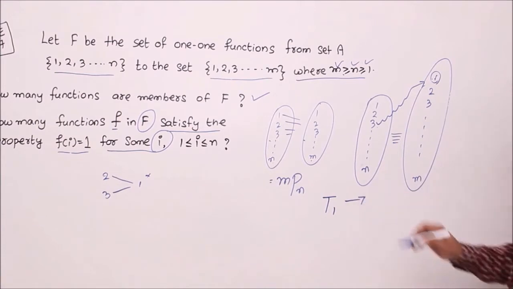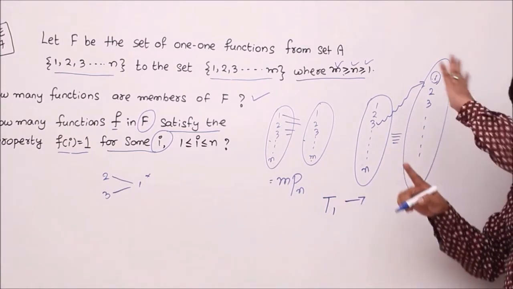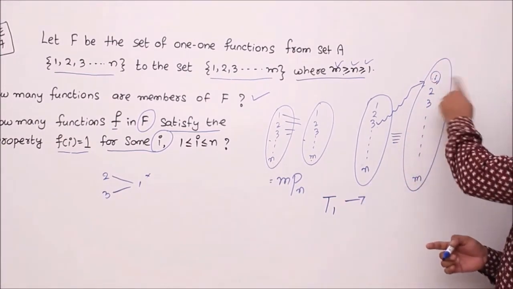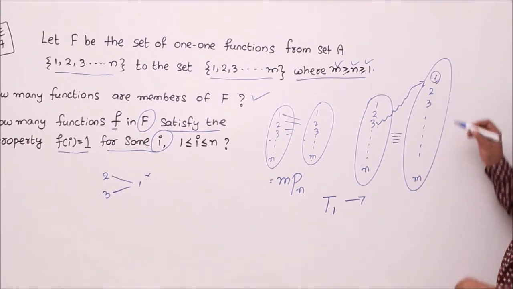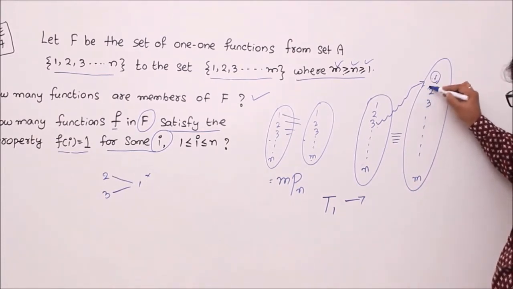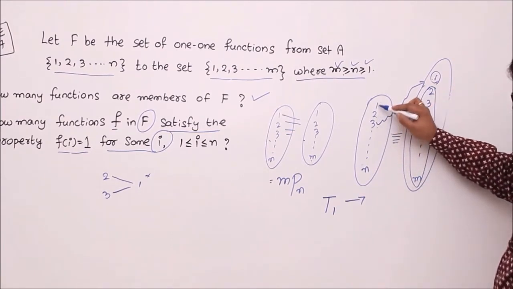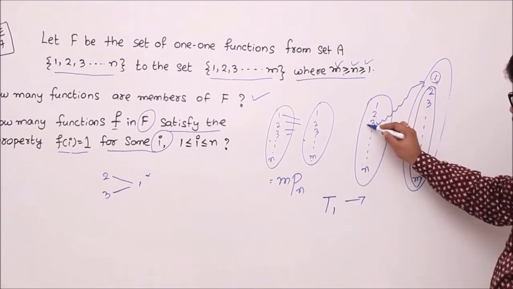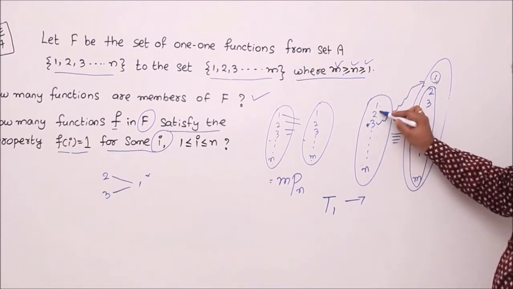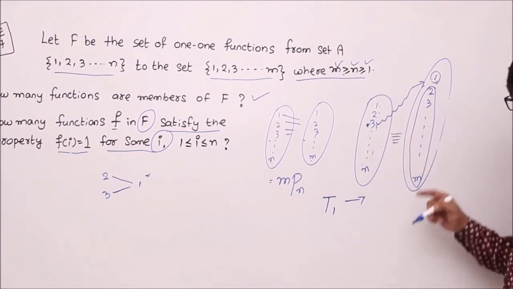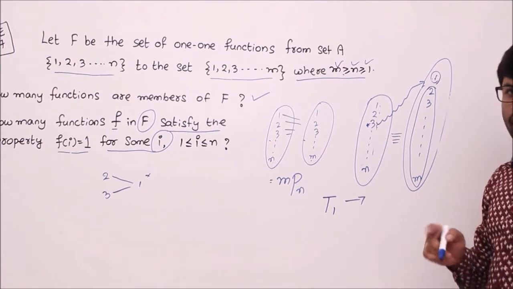The second task is, the function is still not completely formed, isn't it? We just mapped to 1. Then the remaining thing is, we have to map all these elements to all these elements. One element will be gone, and the remaining elements are to be mapped to the remaining elements, but we have to form one-to-one functions.